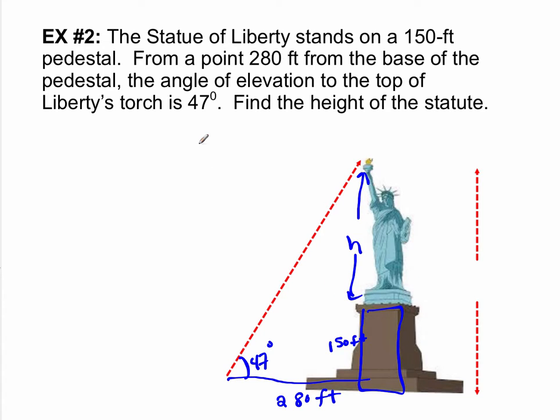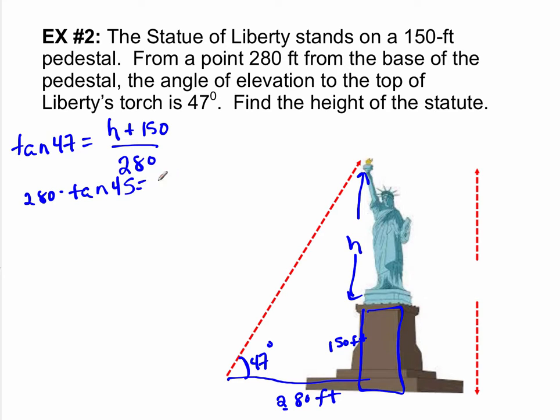All right, so what equation do we have? I have, again, opposite and adjacent. So I know the tangent of 47 is, now the opposite side is h plus 150 divided by the adjacent, which is 280. So 280 times the tan of 47 is equal to h plus 150.